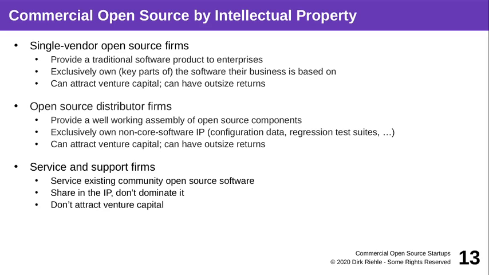One way of distinguishing these three types, which come with a kind of patterned or templatized business model, is by intellectual property. That is a key differentiator that helps you tell these models apart. So single vendor open source firms usually exclusively own the software that the business is based on.